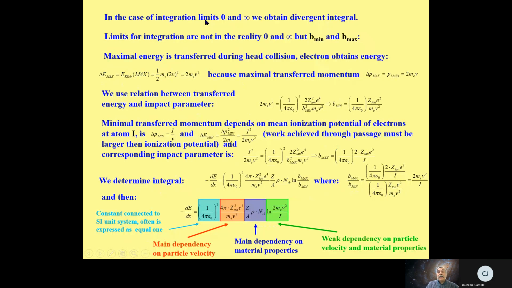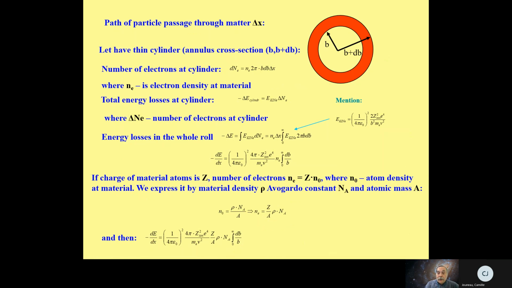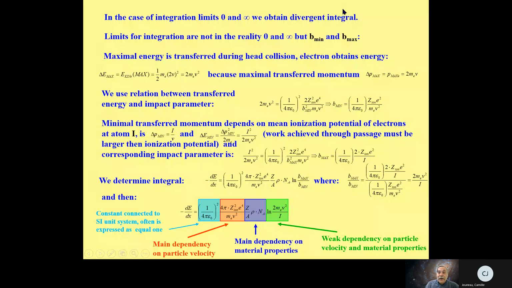This integral is a little problematic, because if you look at it, it is a divergent integral if it goes from 0 to infinity. But it is necessary to say that the limits of integration are not in reality from 0 to infinity, but from some minimal value to some maximal value.